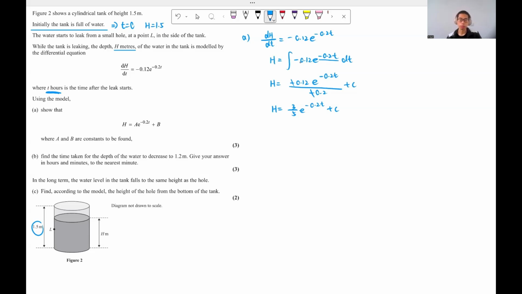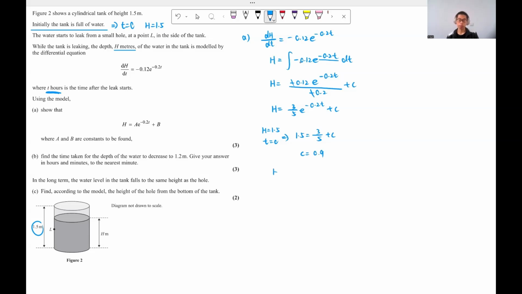Substitute in h equal to 1.5 and t equal to 0. So 1.5 equal to 3 over 5, and then e to the power 0 is just 1, plus c. So c is just equal to 1.5 minus 3 over 5, which is equal to 0.9.